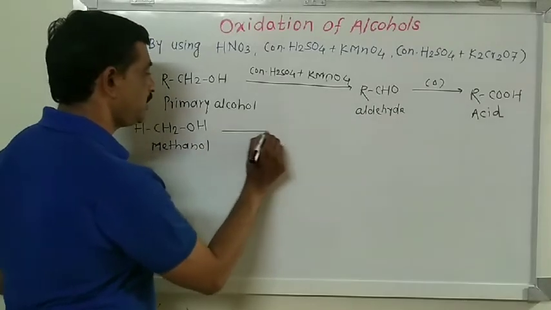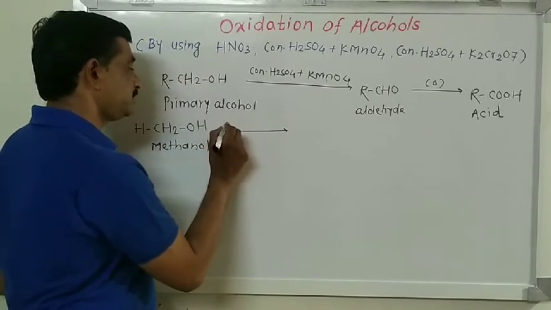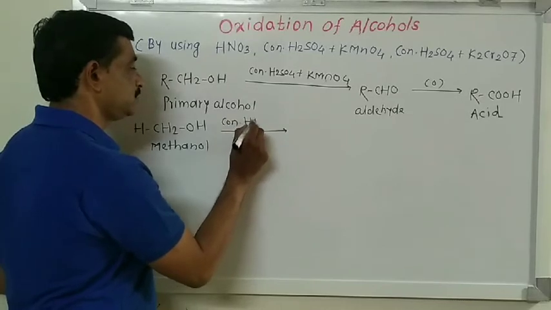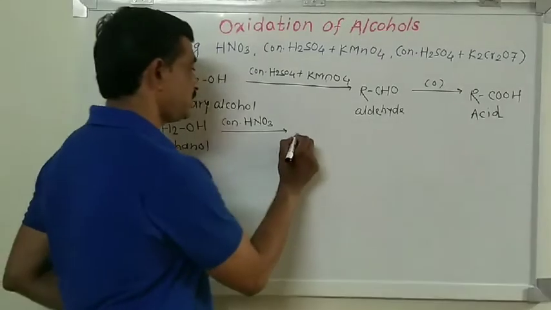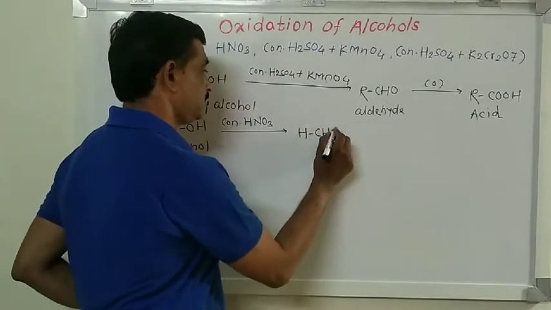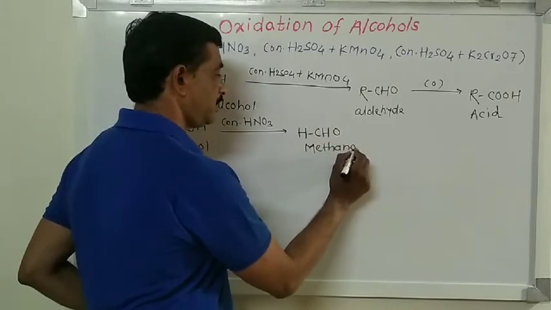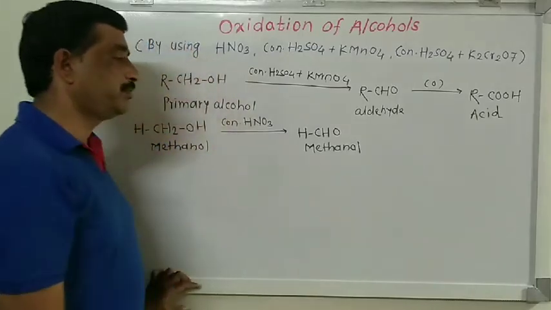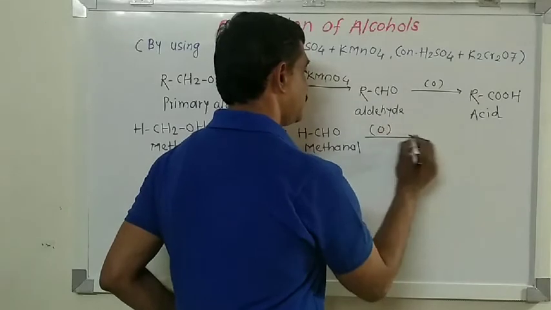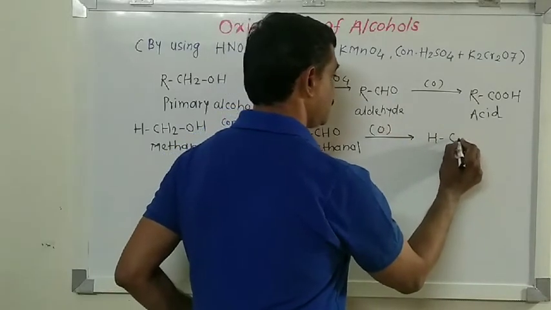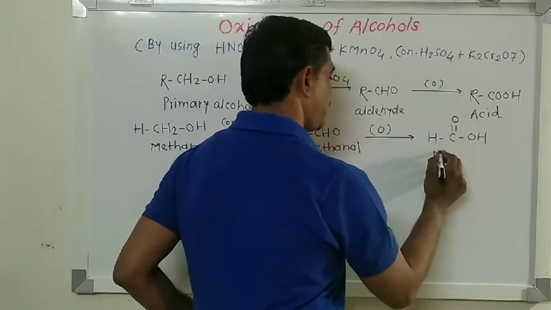When this methanol is reacted with nitric acid, then it undergoes oxidation and gives the product methanal, that is aldehyde. It is also known as formaldehyde, and it undergoes further oxidation and gives the final product, that is methanoic acid.